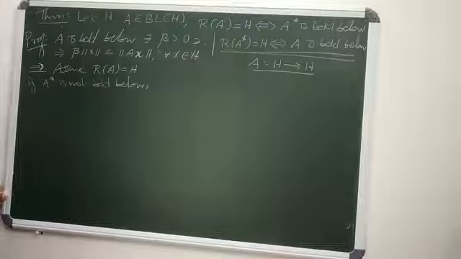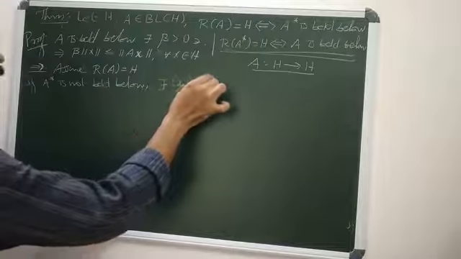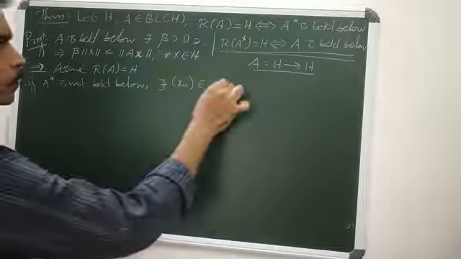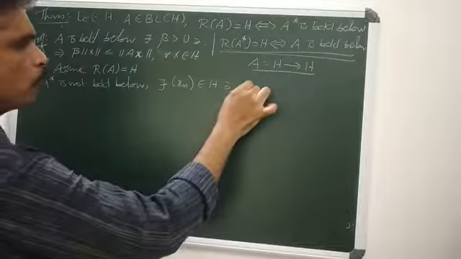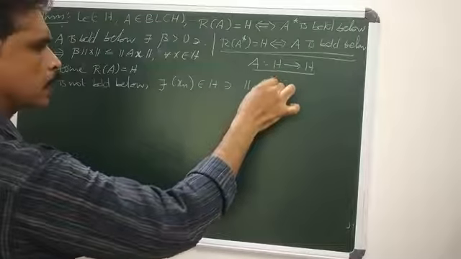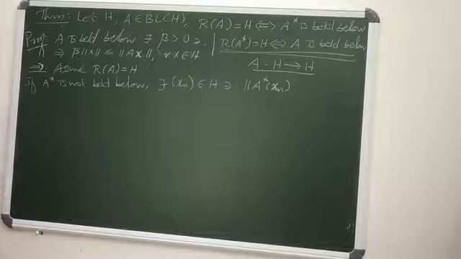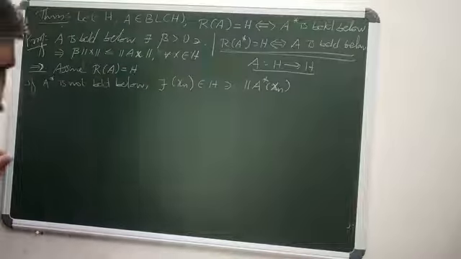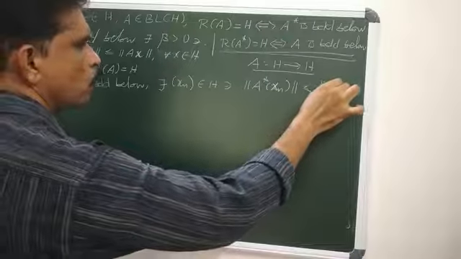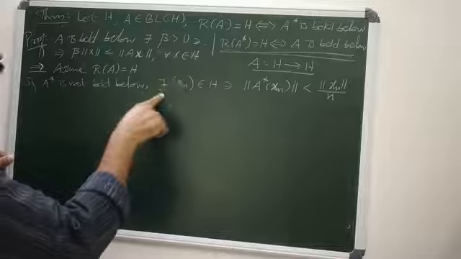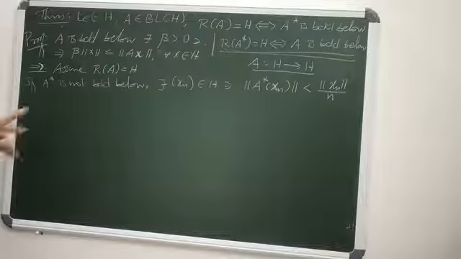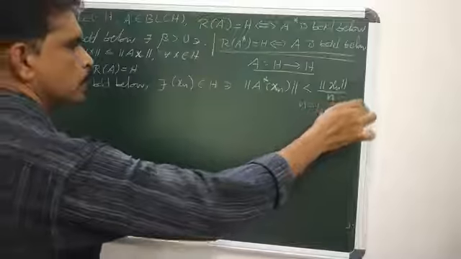Not bounded below means there exists a sequence xn in H such that norm A star of xn is strictly less than norm xn by n, where A star is the adjoint of A, for n equals 1, 2, 3, and so on.